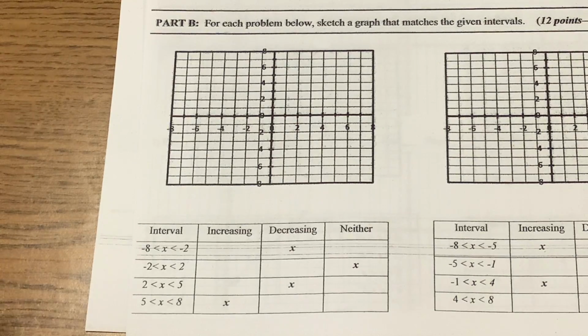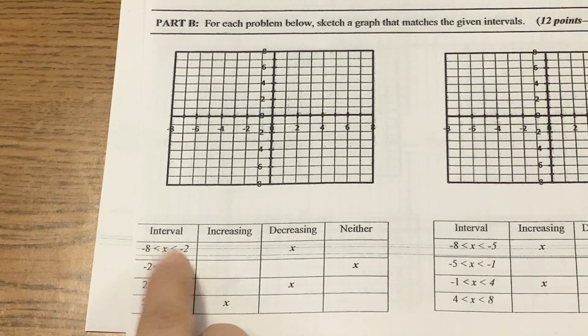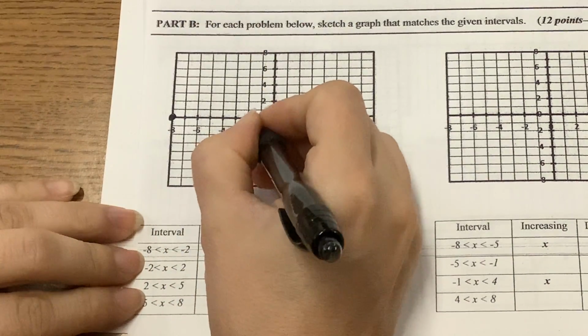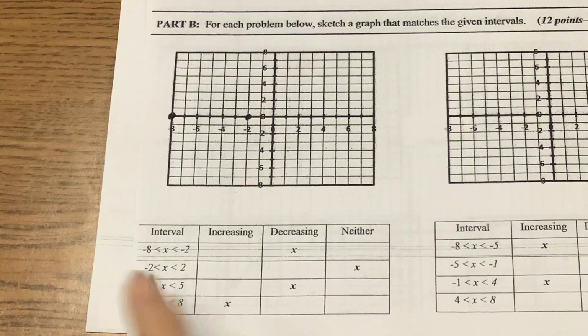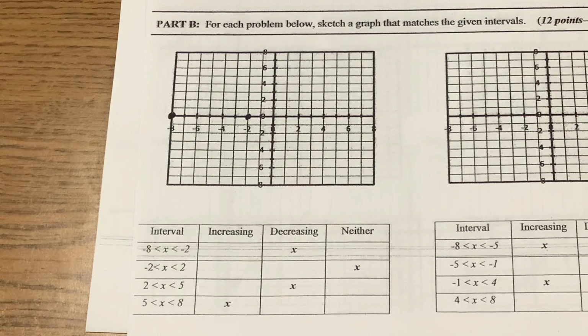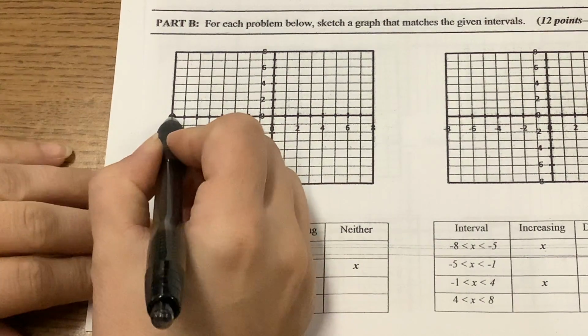It says for each problem below, sketch a graph that matches the given intervals. Okay? So from -8 to -2, that's from here to here. We need to draw a line segment that is decreasing. Okay? You might have a straight line, you might have a curve. It's up to you. It doesn't matter how big it is as long as it's going down from left to right.